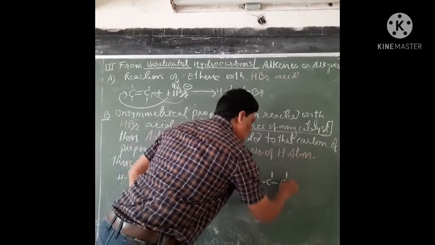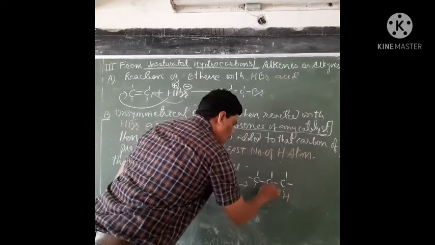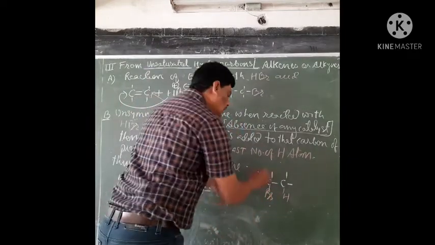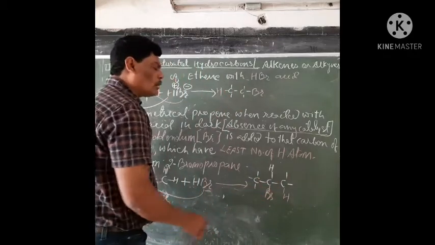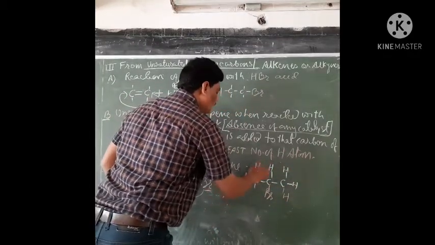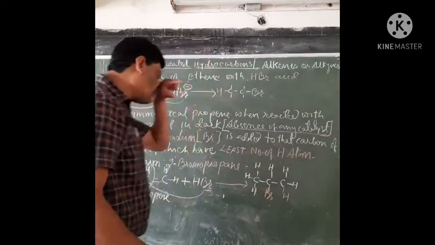Look at here. The hydrogen will attack here, and the Br will attack here. It is because it has only one hydrogen, while the others have two hydrogens and three hydrogens. So 2-bromopropane will be the major product.